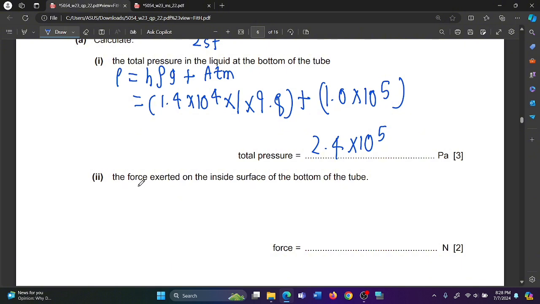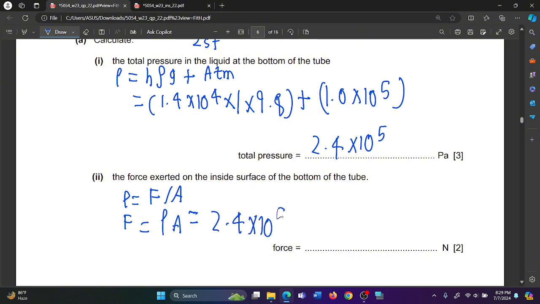The force exerted on the inside surface of the bottom of the tube. Okay, so we know that the formula of pressure is also P equals force divided by area. So if you make F the subject, F equals PA, pressure multiplied by area. What is the pressure? 2.4 × 10^5 multiplied by what was the base area?